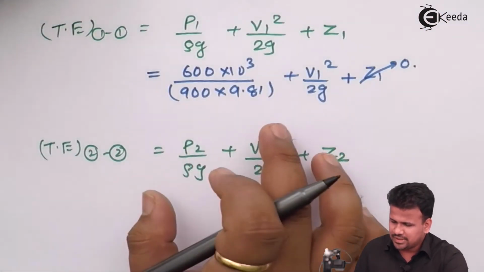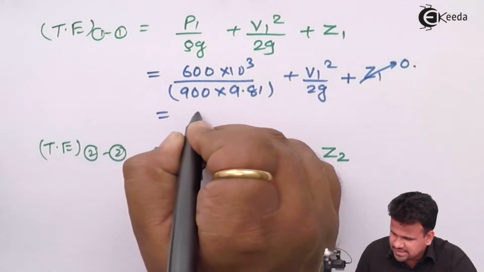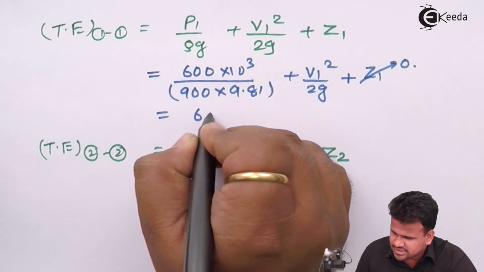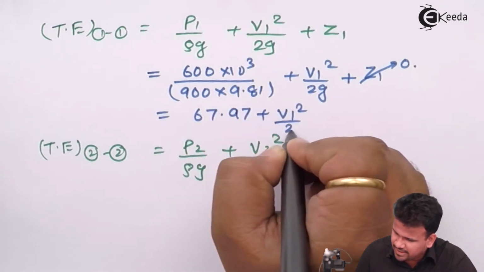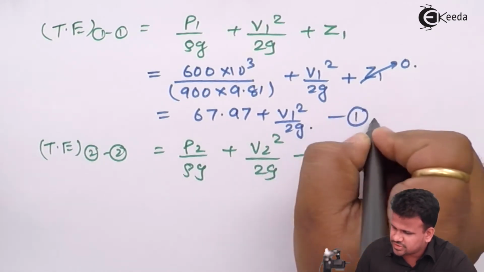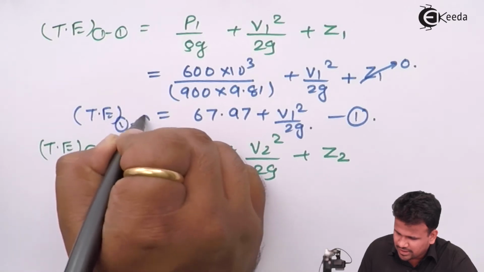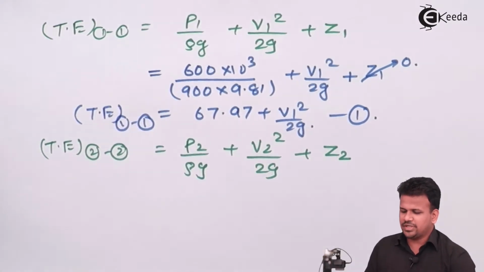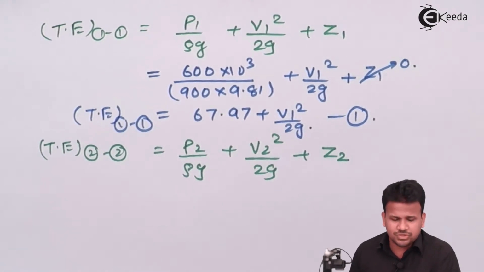Calculating this entire part will give us the value 67.97 plus V1 square by 2g. That is equation number 1, the total energy at section 1-1. So we have evaluated the total energy. Let us evaluate the total energy at section 2-2.